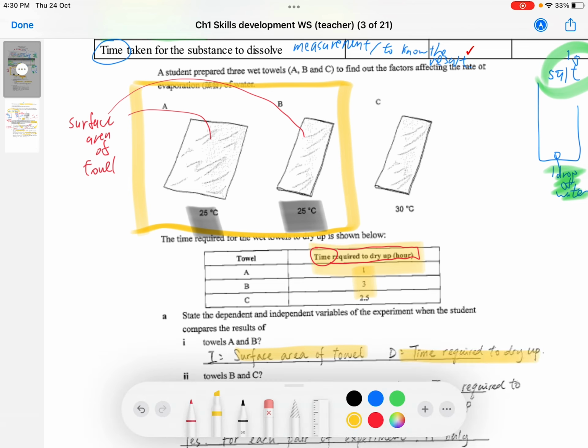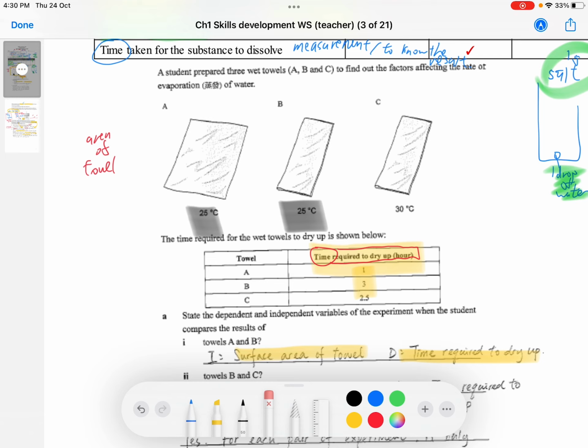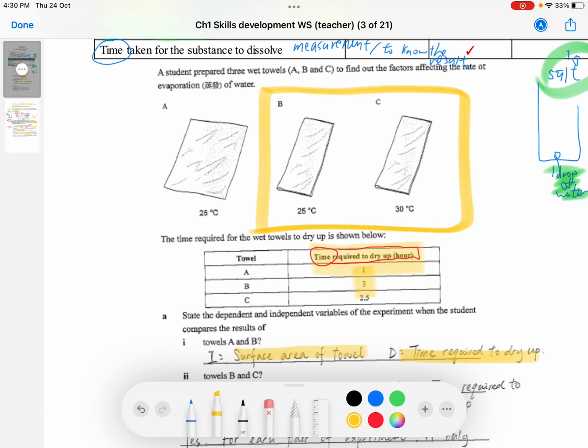Oh, and if you apply the same idea, for B and C, the set of B and C, just observe the difference. B and C this time, consider them as a new set of experiment. Oh, both of them are folded into half. And what's the difference?